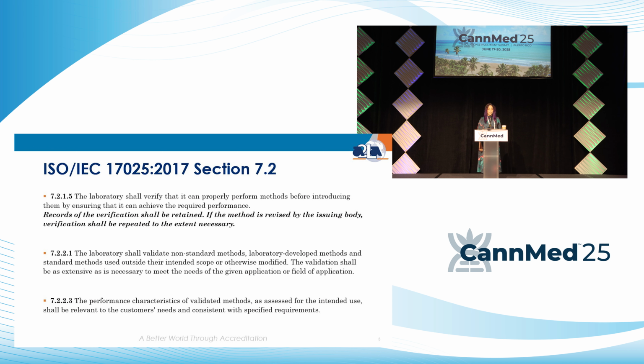So the laboratory shall validate non-standard methods, laboratory developed methods, and standard methods outside the intended scope or otherwise modified. So as it relates to cannabis, this means that a lot of standard methods are published to be used on the matrix of hemp or maybe hemp and cannabis flower. So if the methods are to be used outside of those matrices, the laboratory will have to validate that use.